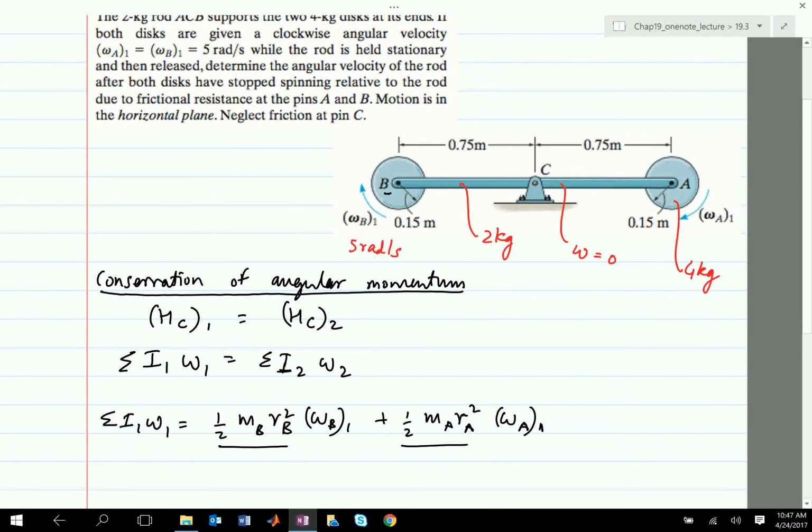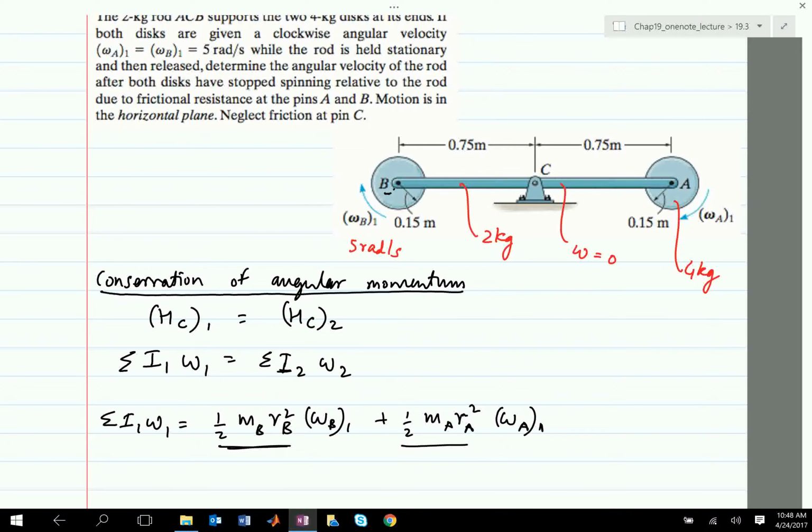Okay, now note that I have not used the parallel axis theorem. I have not found the inertia about C. The inertia is the inertia about B, but it's the same as the inertia at C. That's because B is spinning about its own axis.